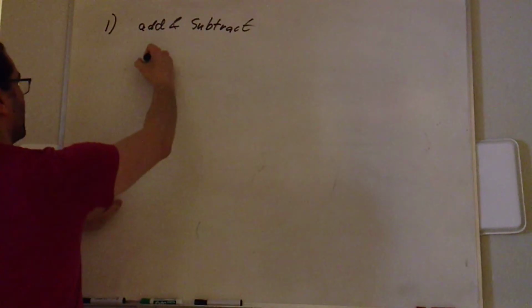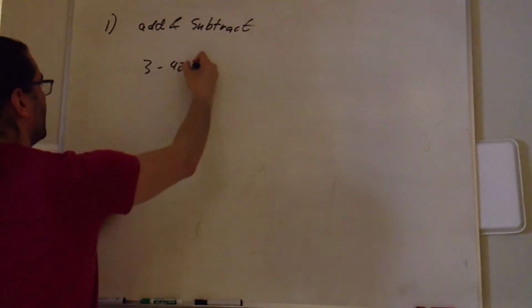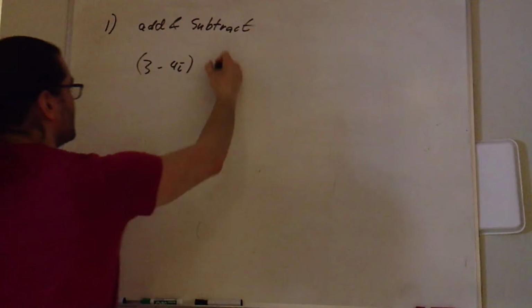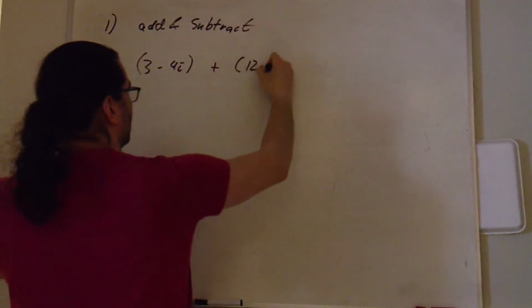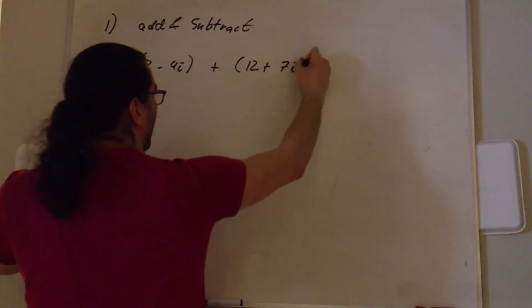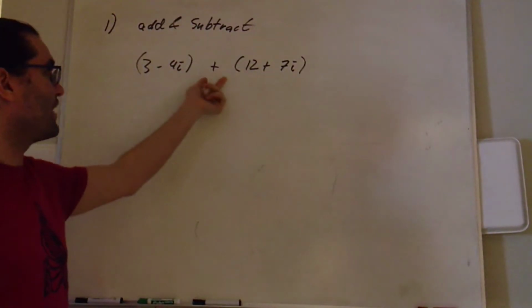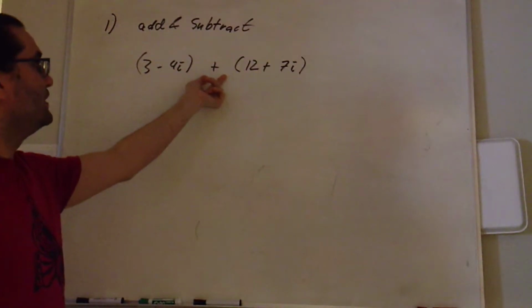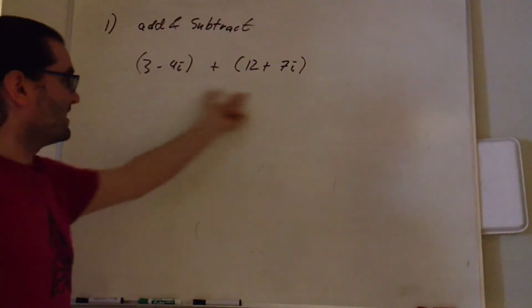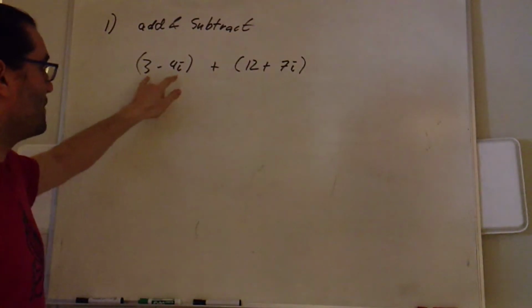If you have something like 3 minus 4i, this is one of your complex numbers, and you want to add 12 plus 7i, this is a complex number, this is a complex number, we are adding them. This behaves exactly like you think. You just combine like terms.